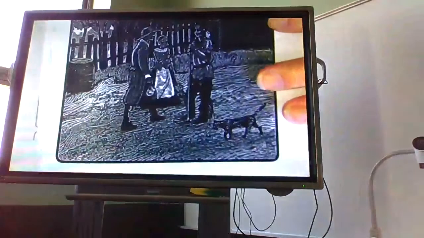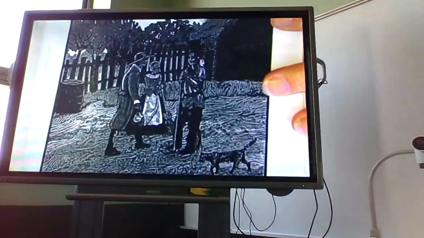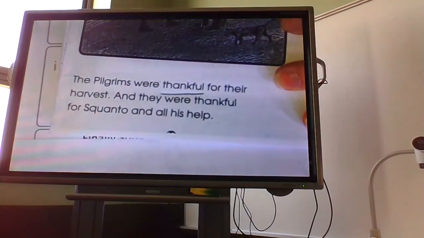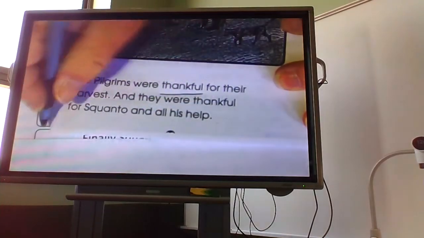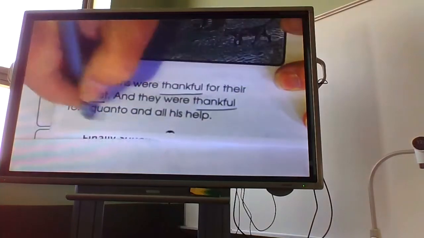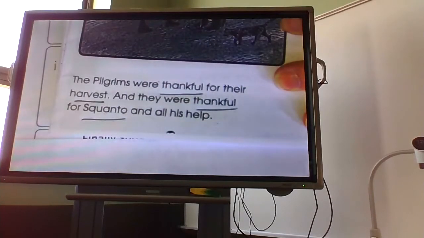And then if you look at the next page in your book, here they are talking. They had this celebration to be thankful for the harvest, and thankful to Squanto and everything he did. So that's what Squanto did last. He had that celebration with them because the Pilgrims were thankful for everything that he did.